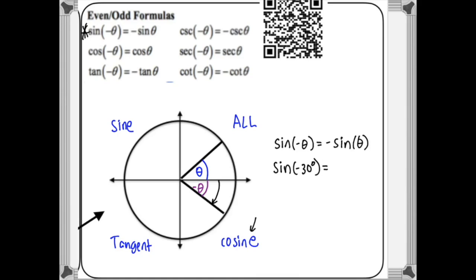If we go in this direction, it's positive because that's where everything for sine is positive. But if we go in the opposite direction, it lands in a quadrant that makes sine negative. So that means we knew that that was going to be negative.